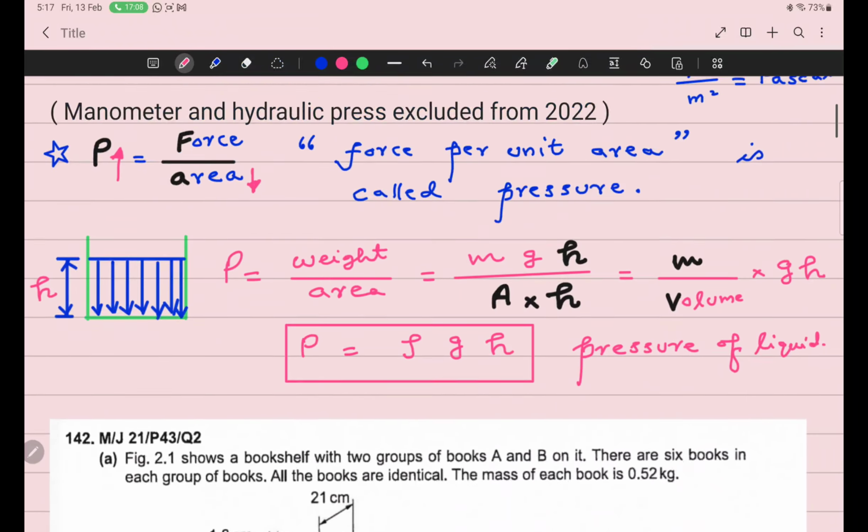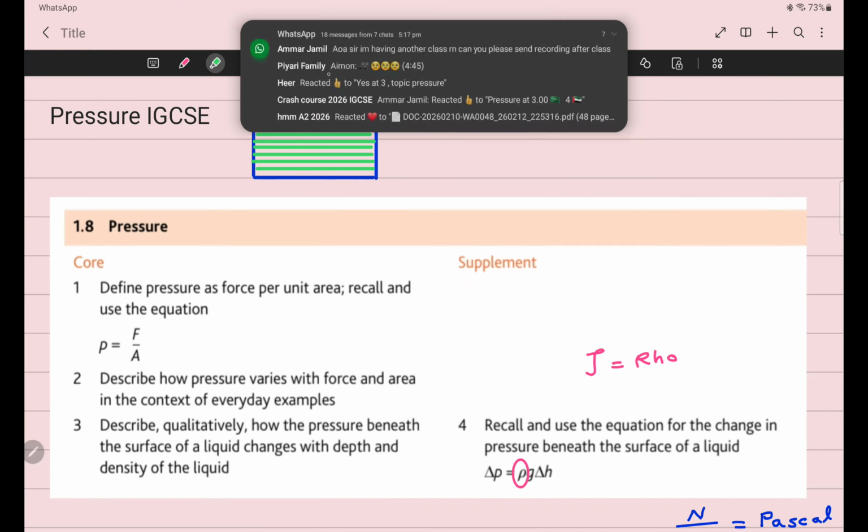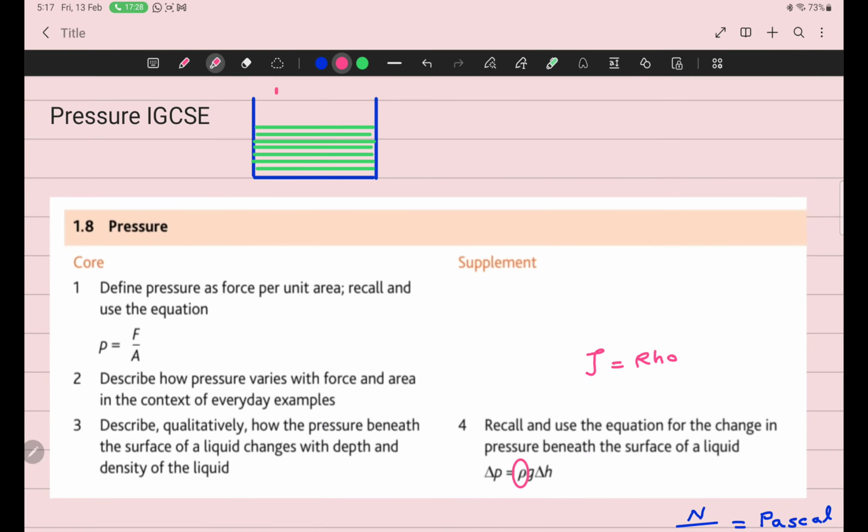I'm solving some more questions, but I need one more thing to explain. When a liquid is filled in a container, obviously the weight of the liquid acts downward, and due to the weight of the liquid, there is a pressure. But you know, there is atmospheric pressure as well.